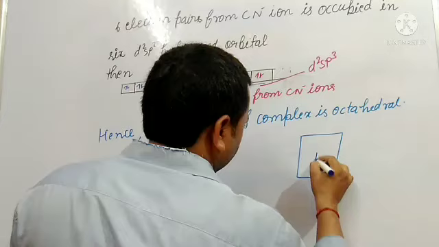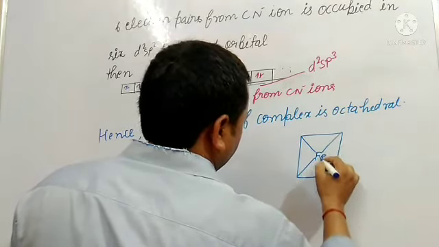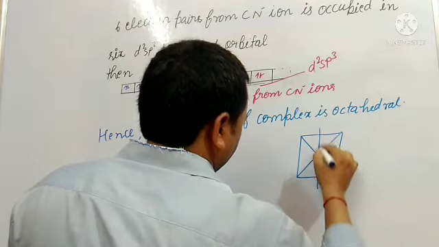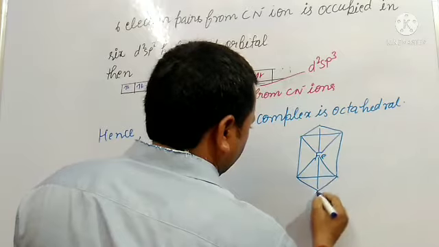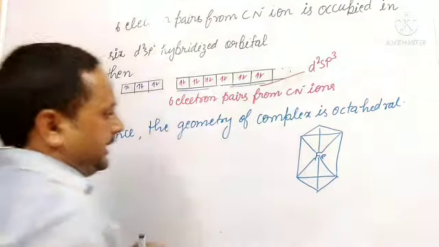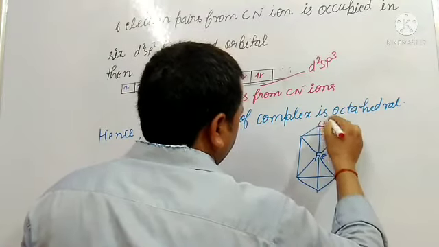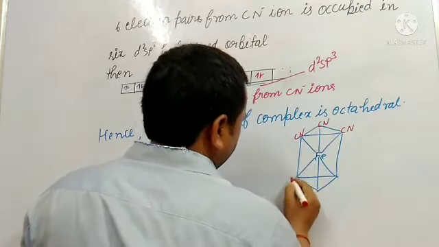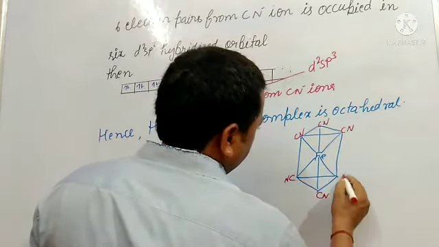The geometry can be drawn like this. It is octahedral. At each corner, a cyanide is there, and they have formed the coordination bond.